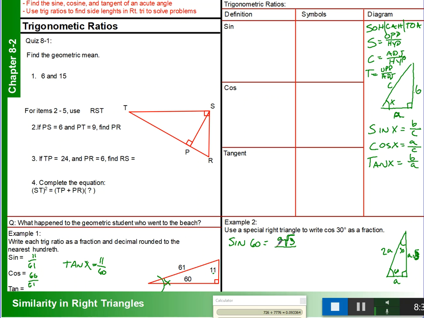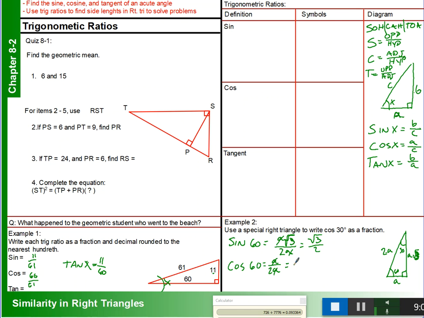Divided by the hypotenuse, which is 2A. Well, A divided by A cancels out, and so the sine of 60 is the square root of 3 over 2. The cosine of 60 is equal to the adjacent, which is A, over the hypotenuse, which is 2A.